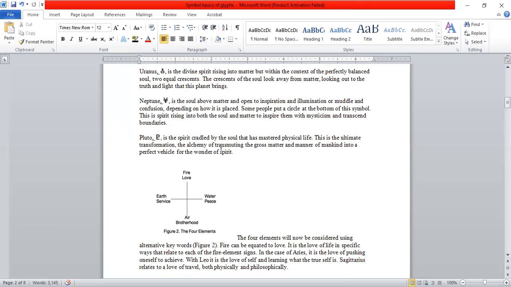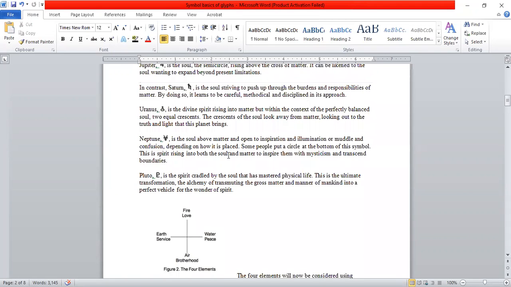Does she mention the real way here? Pluto is a spirit cradled by the soul that has mastered physical life. This is the ultimate transformation, the alchemy of transmuting the gross matter and manner of mankind into a perfect vehicle for the wonder of spirit. Okay, I think they maybe printed it wrong in this article.